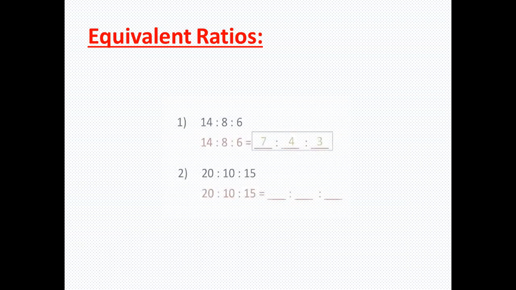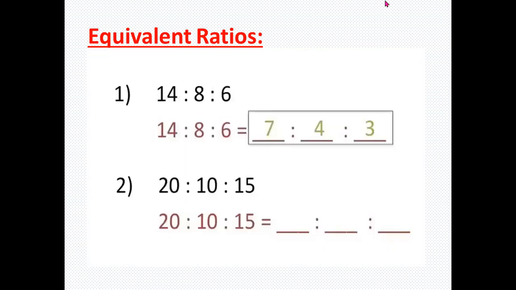When we reduce to simplest form, it is just the same as finding an equivalent ratio. So what are equivalent ratios? Just like here, we can either divide or multiply by the same number so that we can get the equivalent ratio. Take a look, 14:8:6.